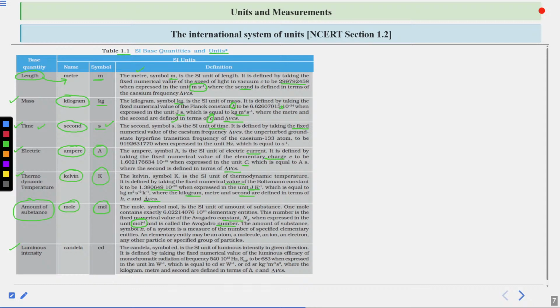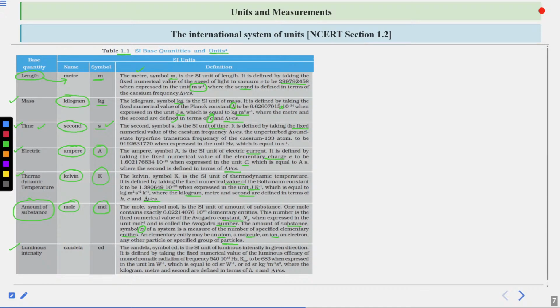The amount of substance, symbol n, or we can say mole, of a system is a measure of the number of specified elementary entities. Elementary entities may be an atom, a molecule, an ion, an electron, or another particle or specified group of particles.